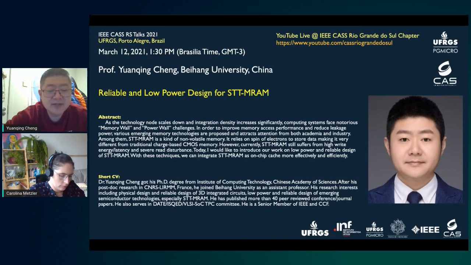That's why we spent much effort in this field, trying to improve the reliability and the yield of STT-MRAM to reduce the fabrication cost. Maybe someday in the future, for some low power applications, you can find STT-MRAM main memory in the computing system.